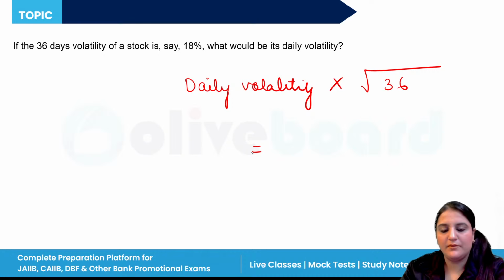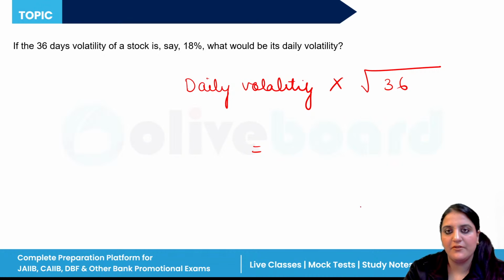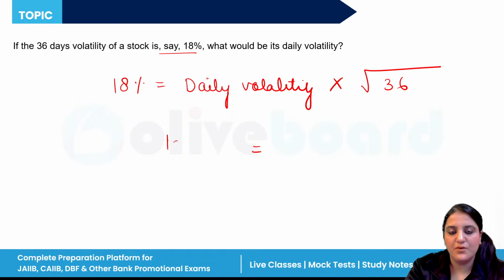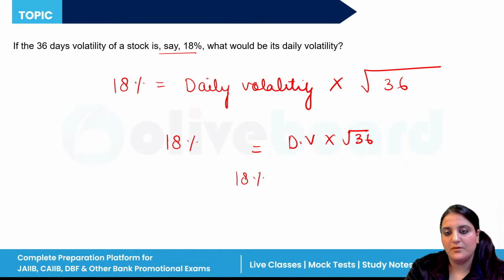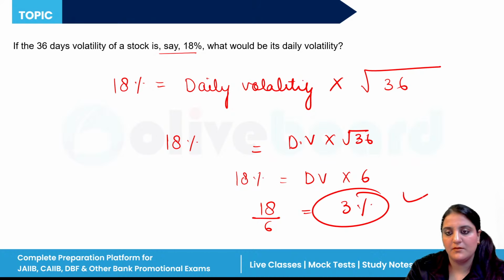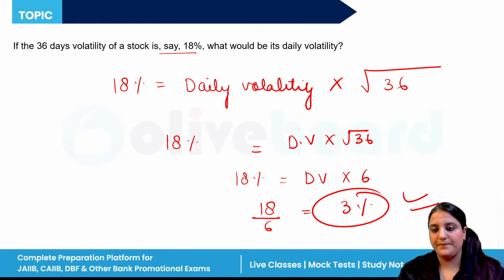It is given that the volatility is 18%, so 18% equals daily volatility multiplied by 6. 18% by 6, 3% is the answer. 3% is the answer.